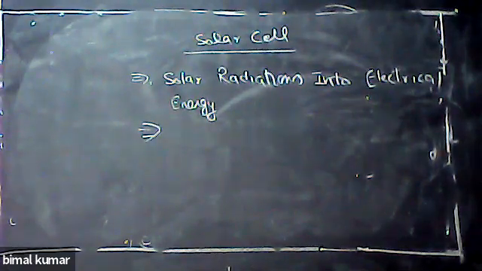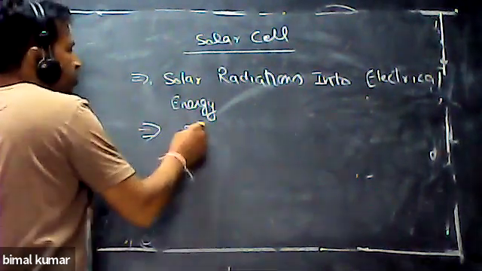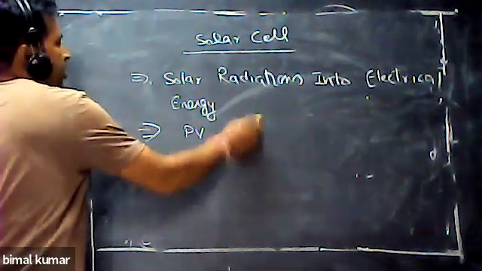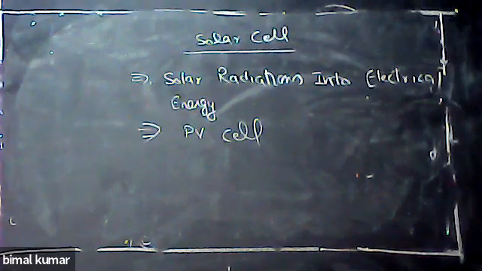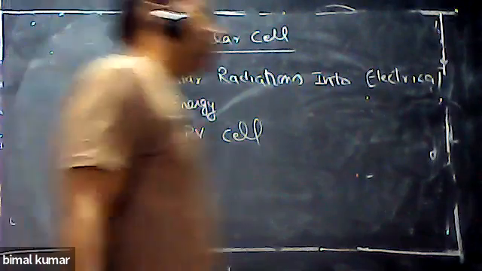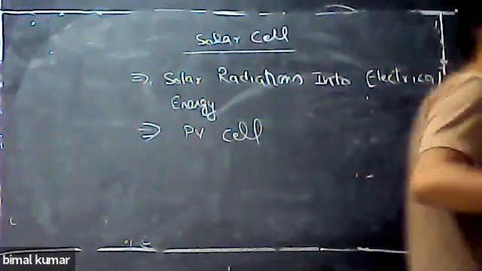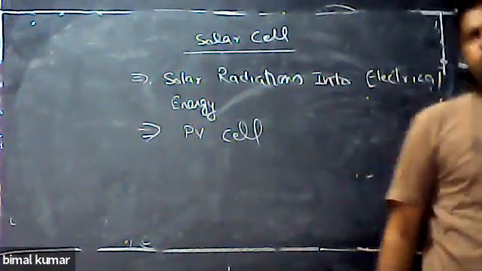So this is also known as a photovoltaic cell. Photovoltaic cell or solar cell are the same thing, right? So whenever we are talking about solar cell or PV cell, this will be the same.